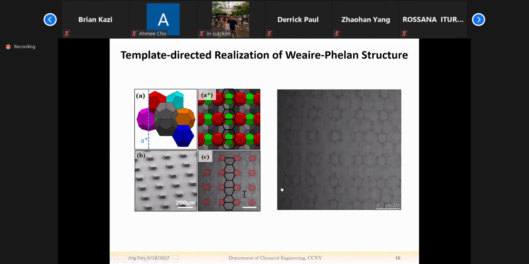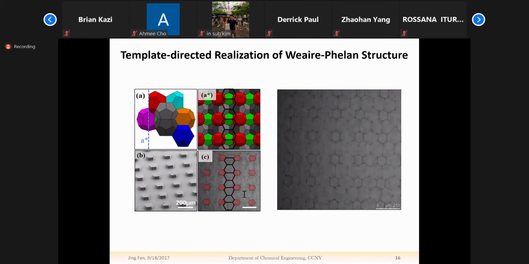Then what I did is use a template-directed approach, using 2 parallel plates with some hexagonal pillars as a guide for the packing of droplets. The reason people couldn't observe the Weaire-Phelan structure is that this structure is not compatible with the flat boundaries that we usually have in our common containers.